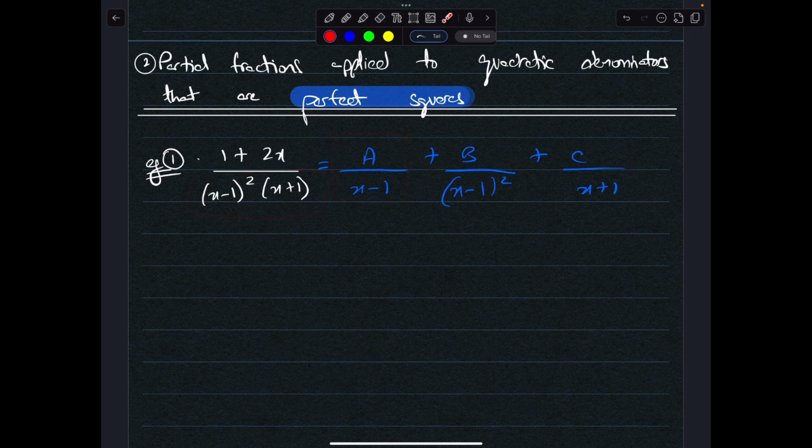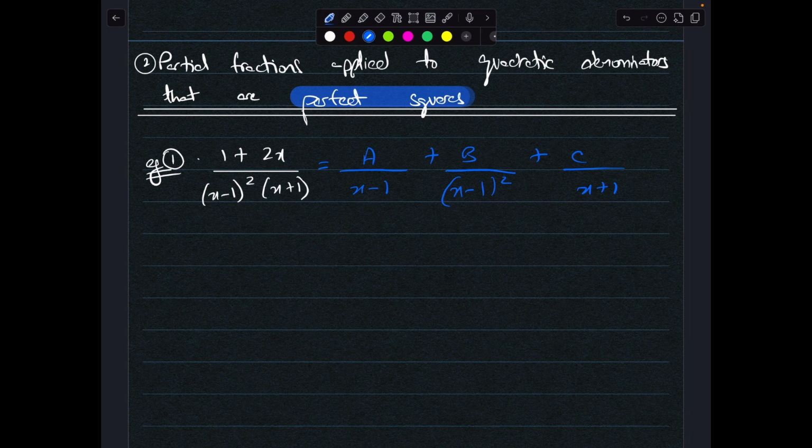Like this fraction has x minus 1, but it lacks one x minus 1 and one x plus 1. So multiply this by this. In this case, this fraction has two x minus 1s and lacks x plus 1. So just multiply x plus 1 here. And in this case, this fraction has x plus 1 but does not have two x minus 1s. So multiply these two.